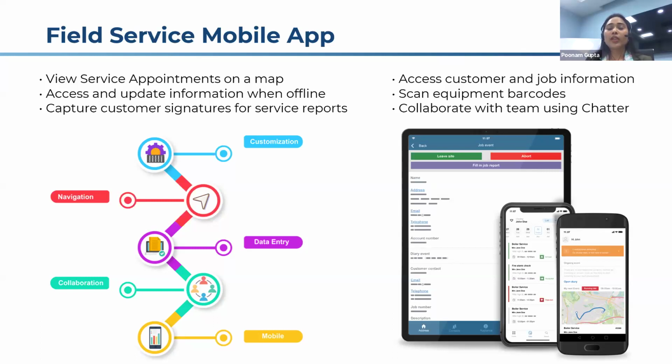Also, if the technician wants to enter any requirements according to business or customer, they can enter the data into the system via phone. Also, they can scan the barcode of the equipment and access and update information offline. So now we can see how helpful it is for the organization as well as the customer, and we can track each activity on a single platform.